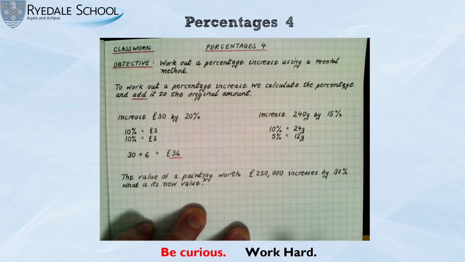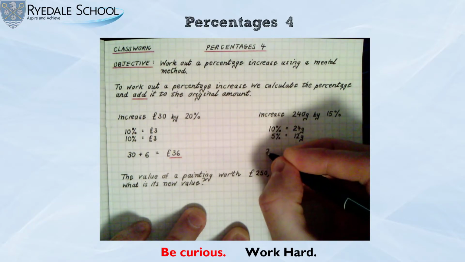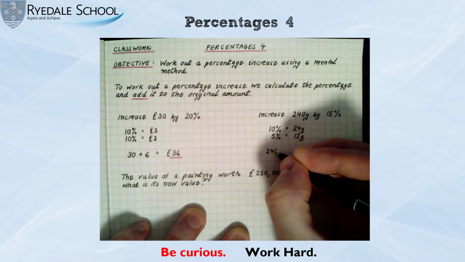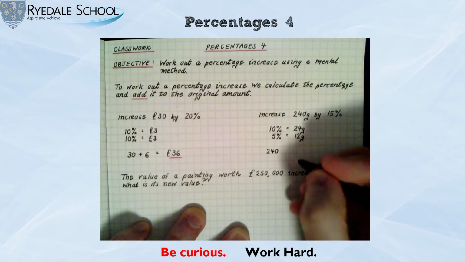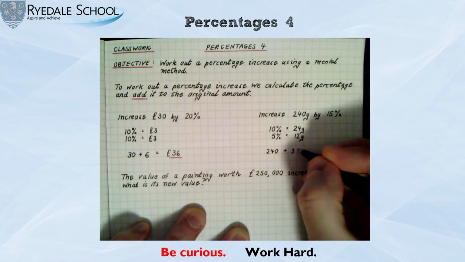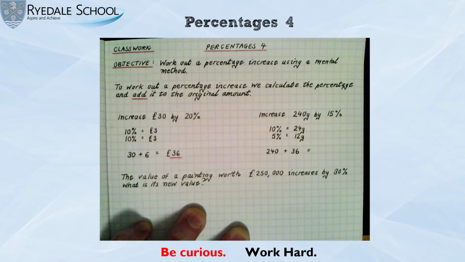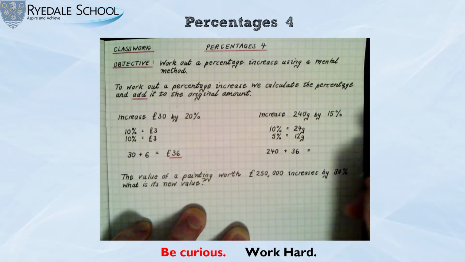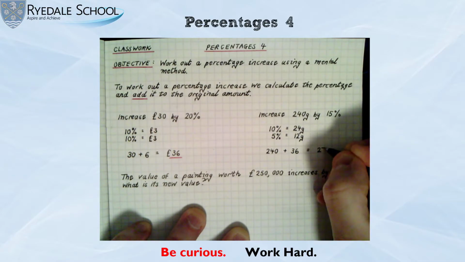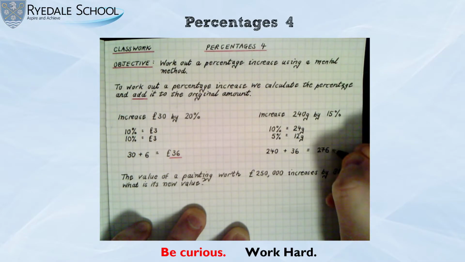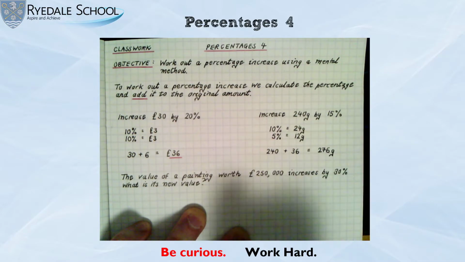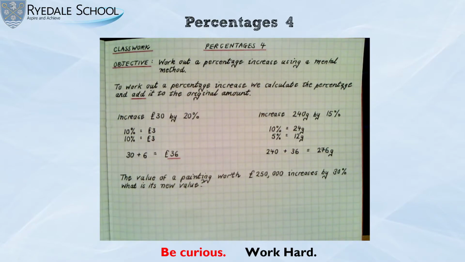So if I'm increasing 240 by 15%, my new answer is 240 plus my 36. And 240 plus 36 is 276. Don't forget to put units in at the end, so this question was grams. And I will underline that answer.